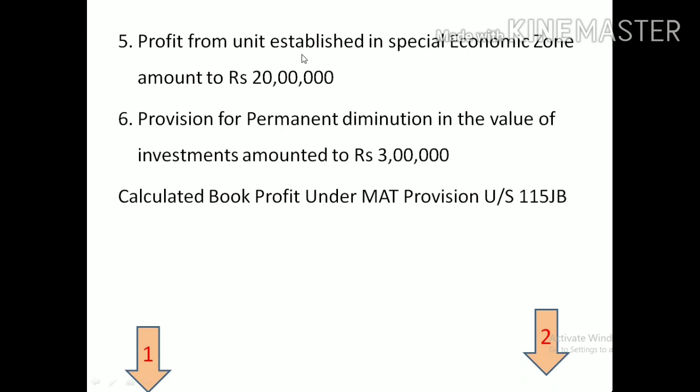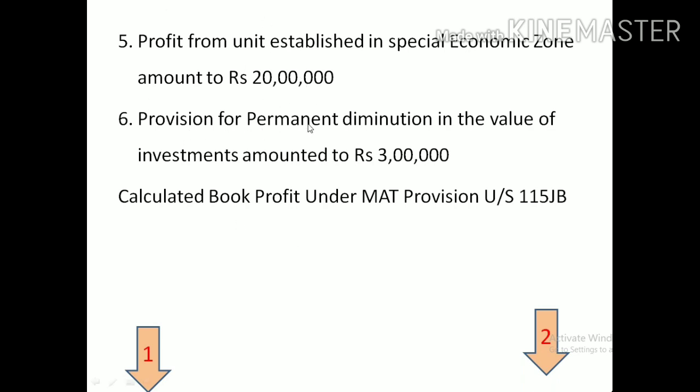Already I told that whichever entries are required on the profit and loss account credit side, that entry related to the MAT provision should be deducted. But here the profit of the unit established in special economic zone does not come under the MAT provision, so you should ignore it. Okay, because we need to pay separate tax on this.